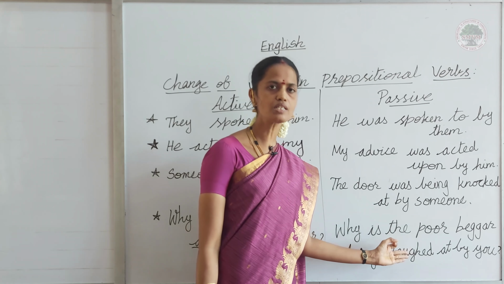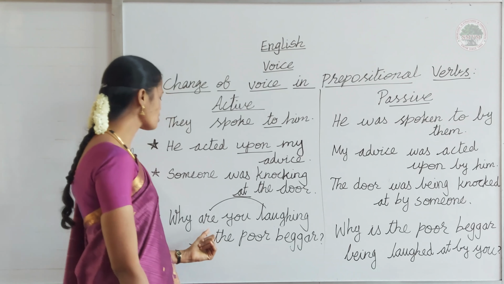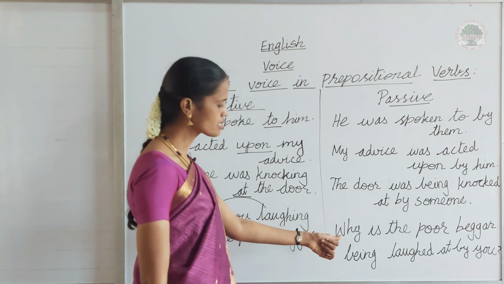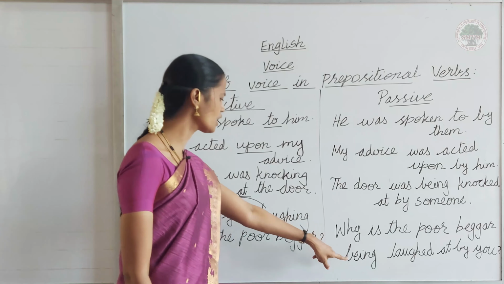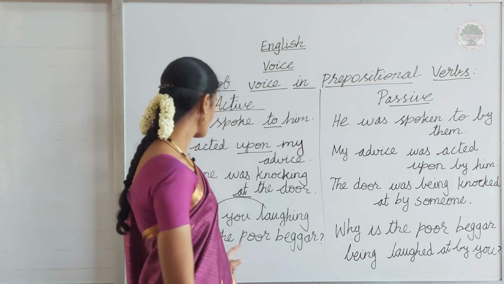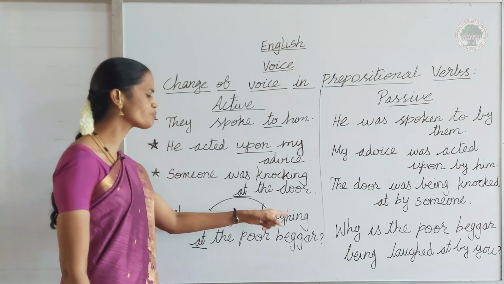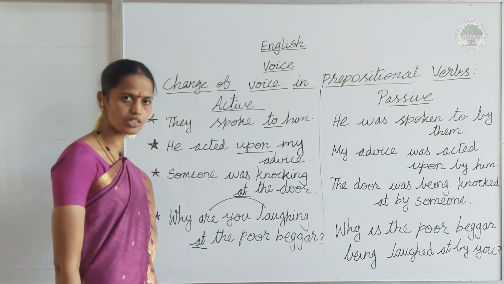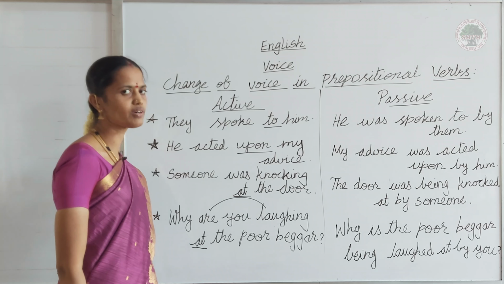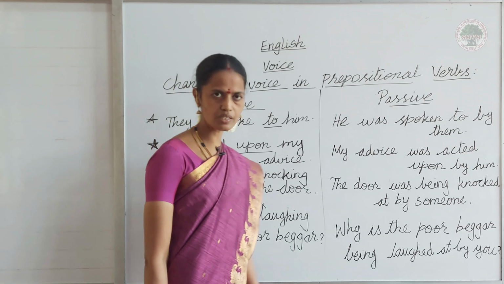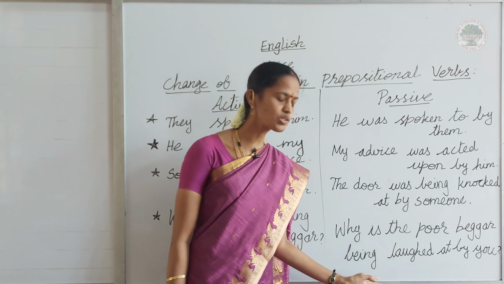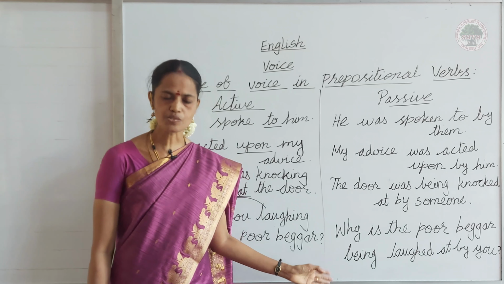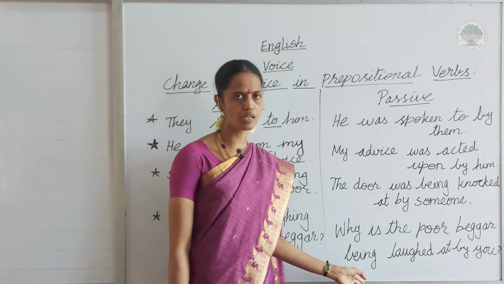Then what about this "being"? Why did we introduce it? Because here we have used present continuous. "Are laughing" is present continuous. So we know very well if the verb is given in continuous, we have to introduce this "being". That's why we have used this "being" here.